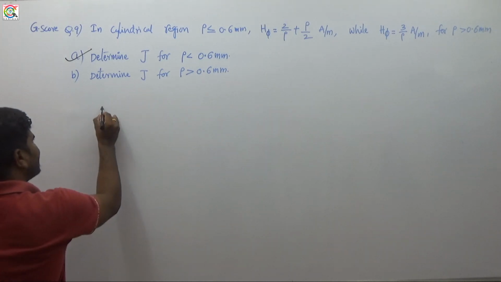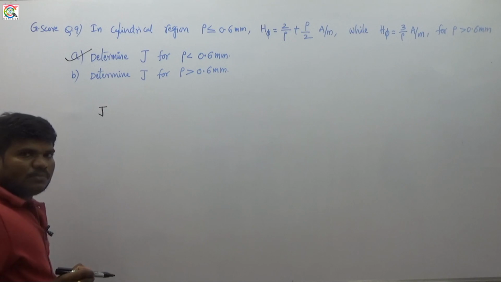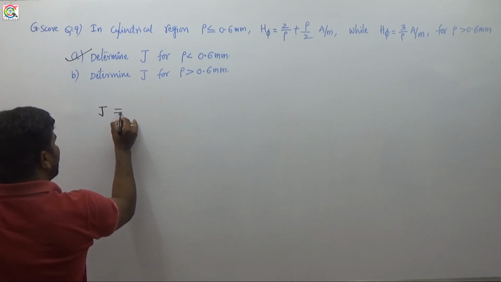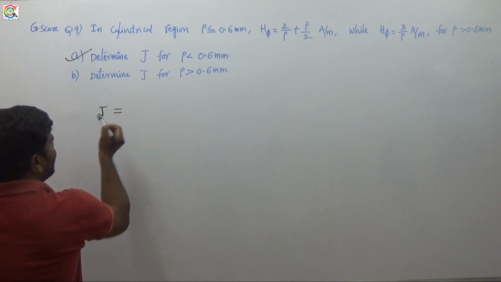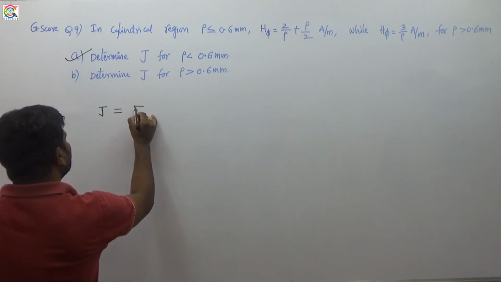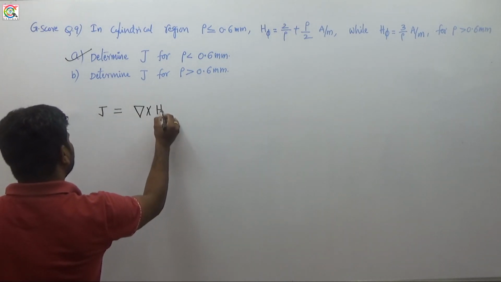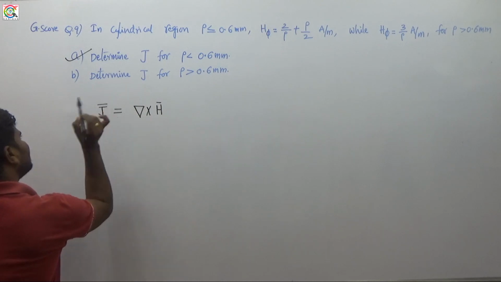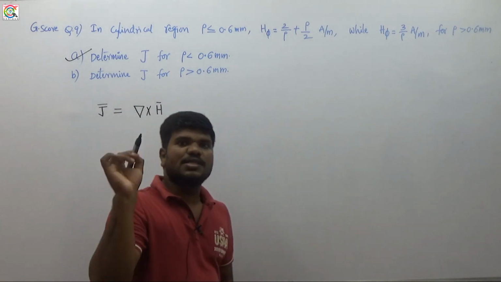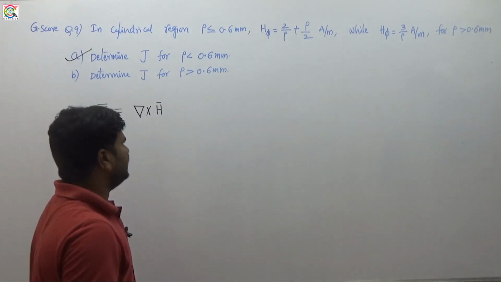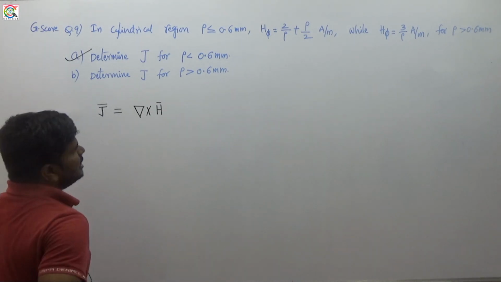From the point form of Maxwell's equation, current density J is equal to del cross H bar. Here we will get a J bar because current density is a vector quantity.